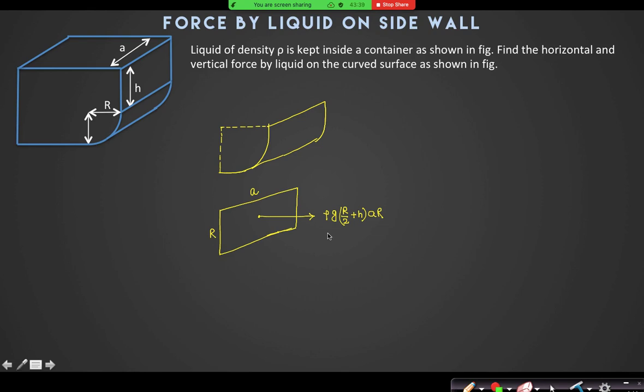Yes, I think that is the answer. Yes, sir, that is the answer. So the FH, the horizontal component of the force, is something like this. We have calculated rho g AR into H plus R by 2. Is there any doubt in this horizontal calculation?